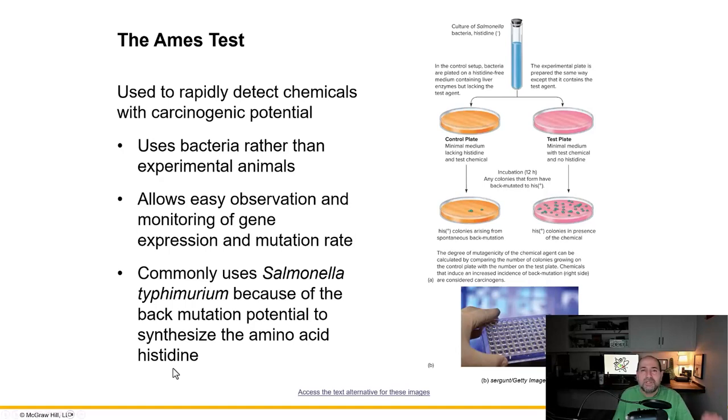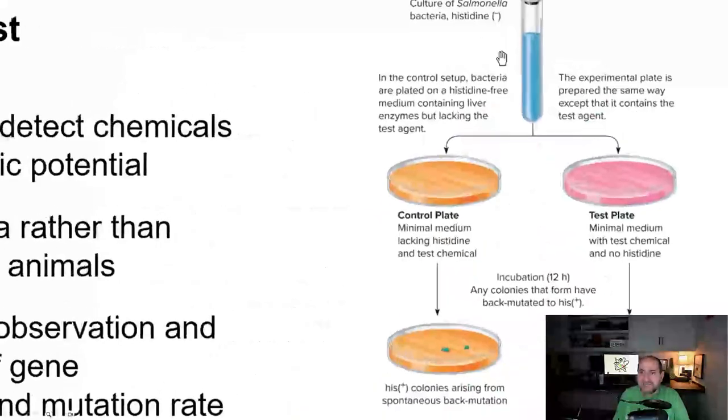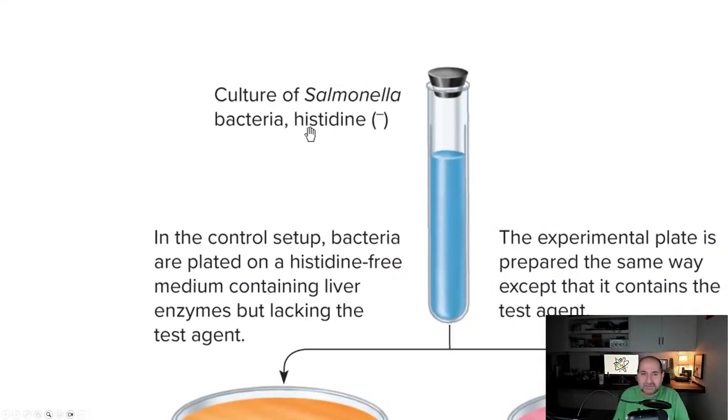So again, we are starting with a strain of Salmonella, which is called His minus or histidine minus, because this strain of Salmonella cannot grow on histidine.